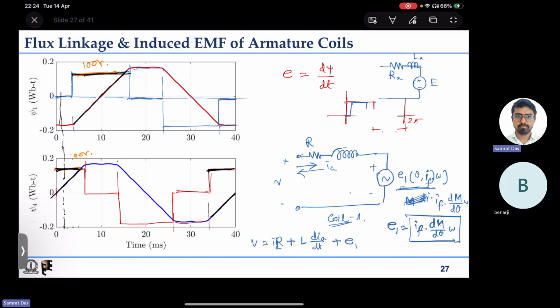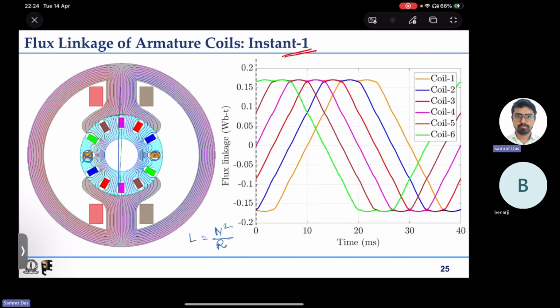These two EMFs will come in series. So let us go to the complete picture here. If you are talking about 2 milliseconds, this is 1, 2, 3, 4, 5. So this is 2 milliseconds.